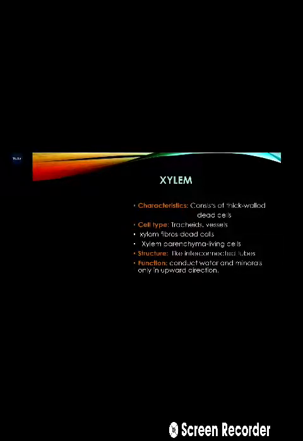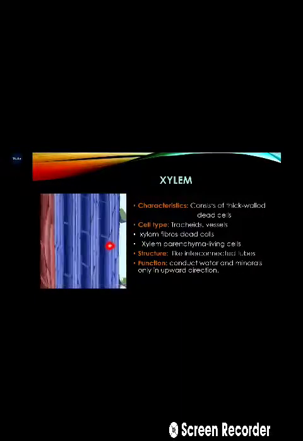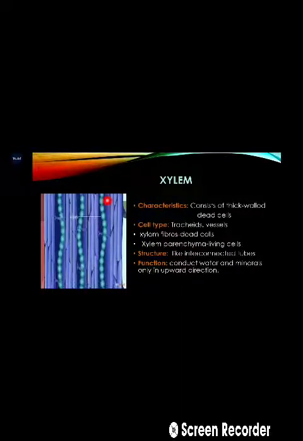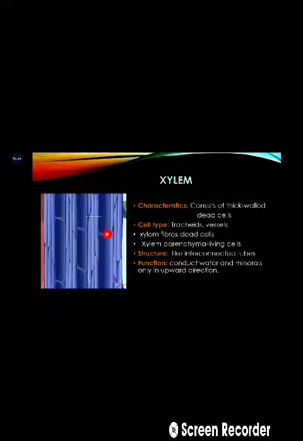Now, these are interconnected tube-like structures. See, in this picture, you can see it clearly. Now, these are the tracheids, vessels. Beside the vessels are the tracheids, which are supporting the tissue.